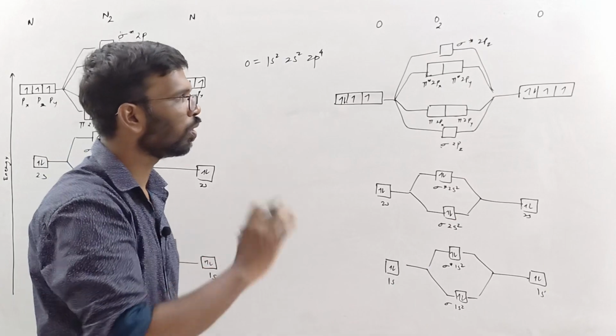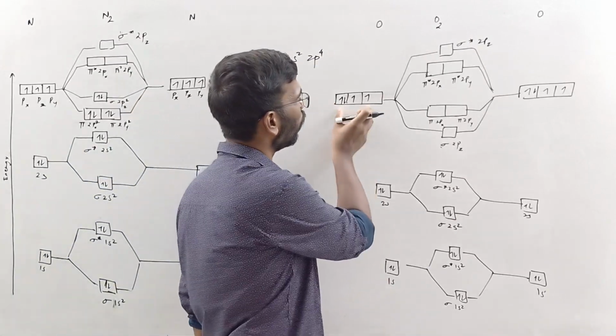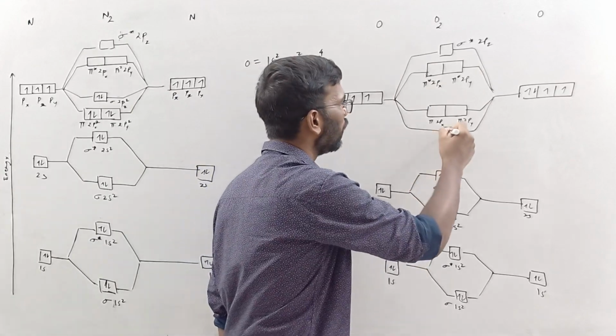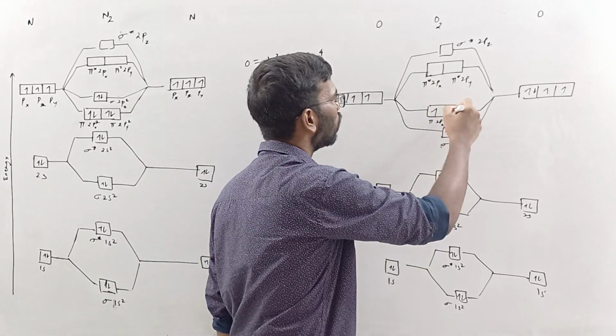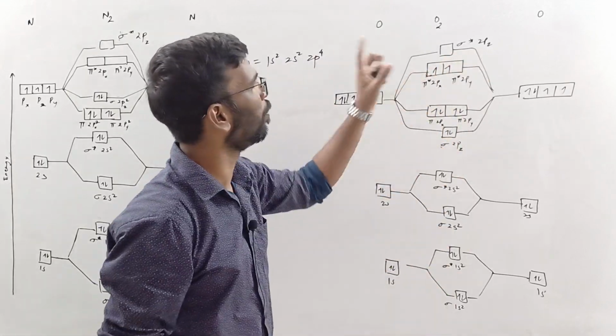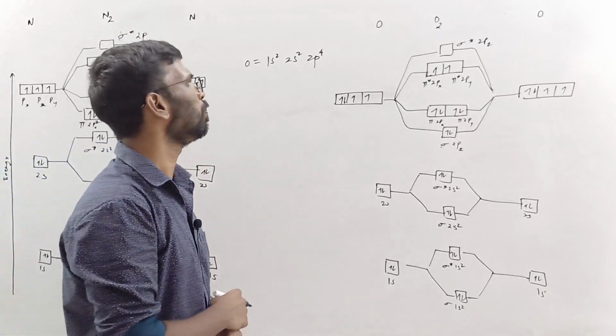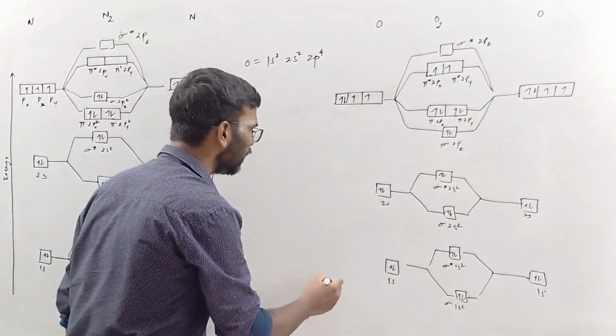There are a total of 4 and 4, so 8 electrons. First 2 will go here, 3 4 5 6 7 8, and you can see that there are unpaired electrons, so paramagnetic behavior, right? This is the increasing energy.